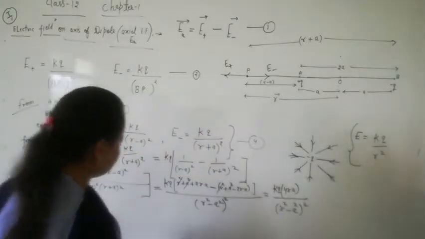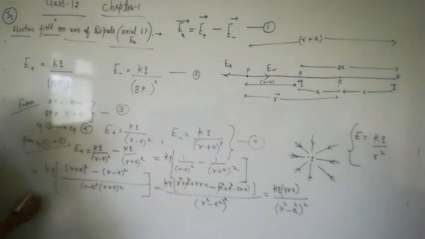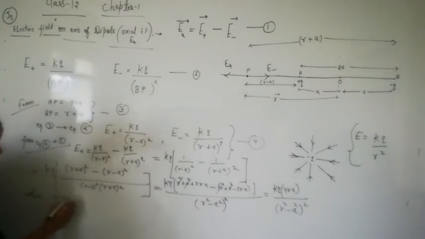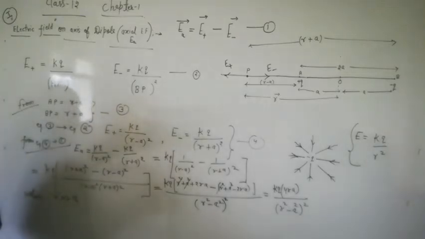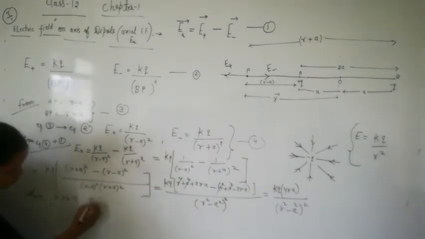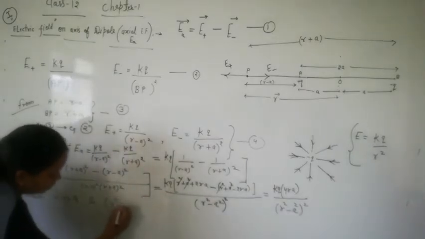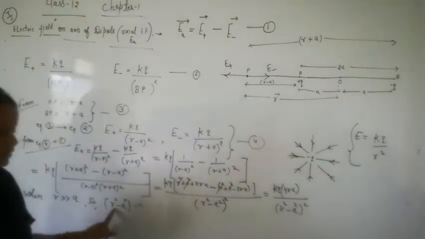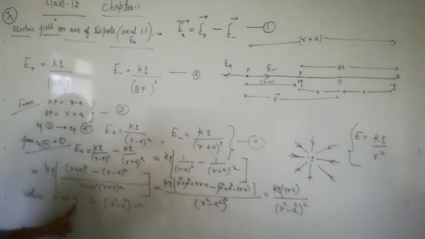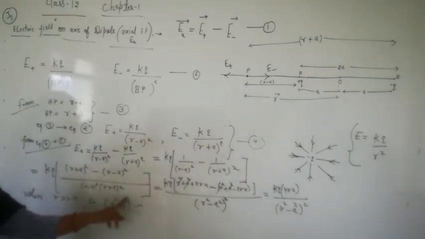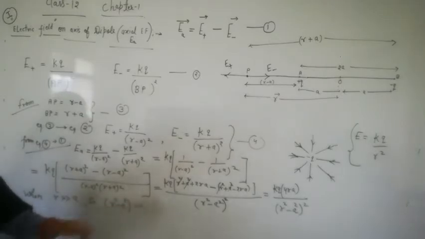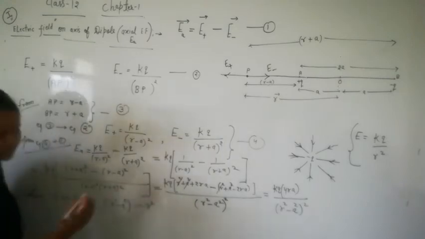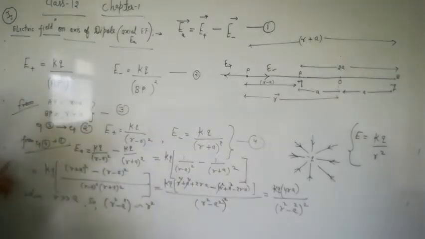Actually, without going deeply, small r is greater than small a because of the definition of dipole moment. So r square minus a square is nearly equal to only r square, because small a is very small and its square is negligible. So only r square remains.